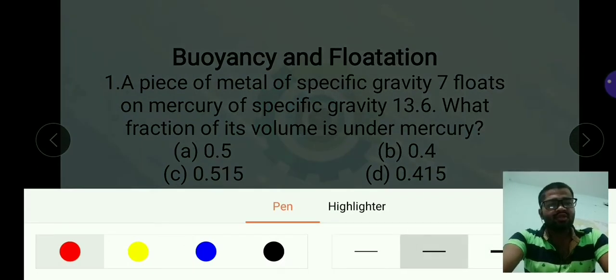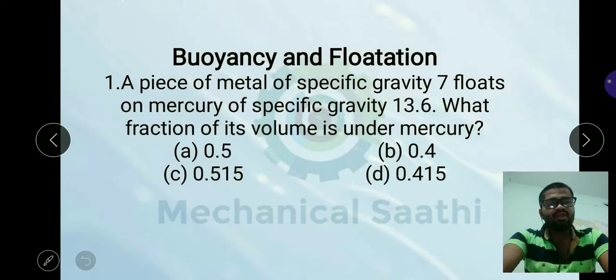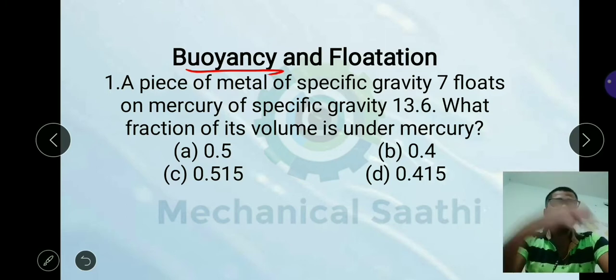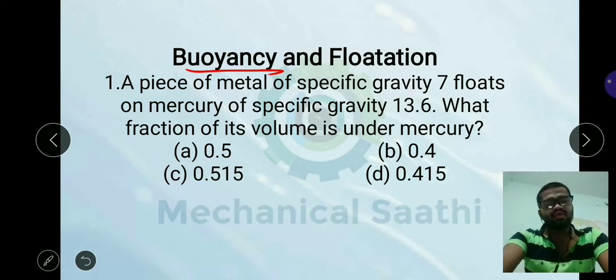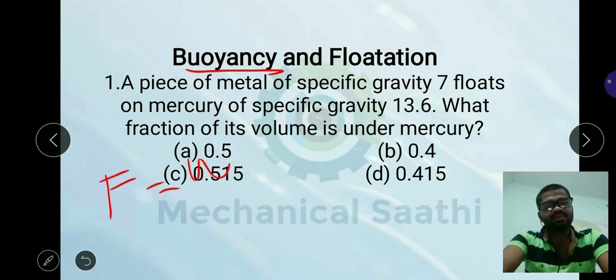From the buoyancy point of view, the buoyancy force will be equal to the weight of the metal.